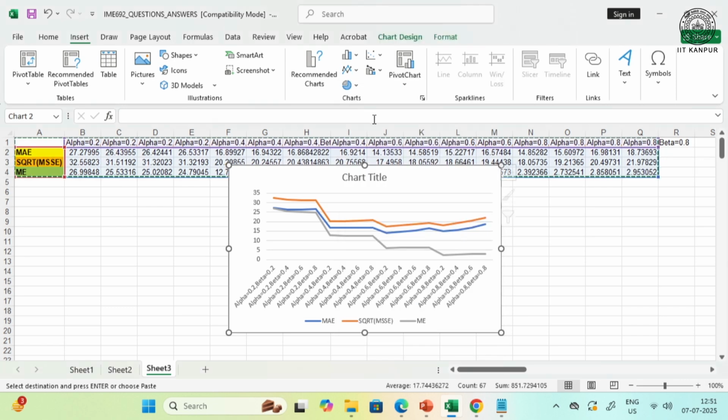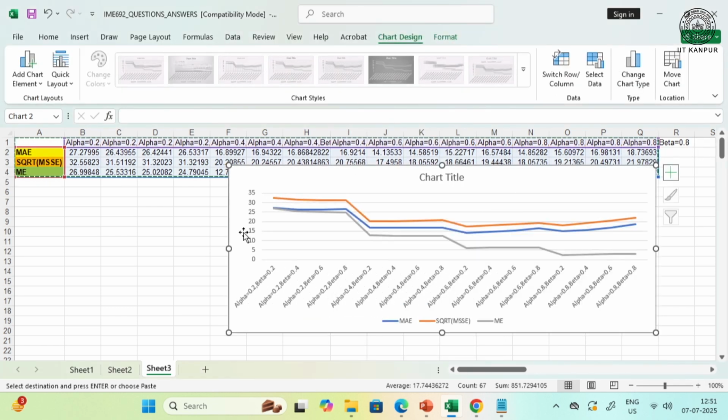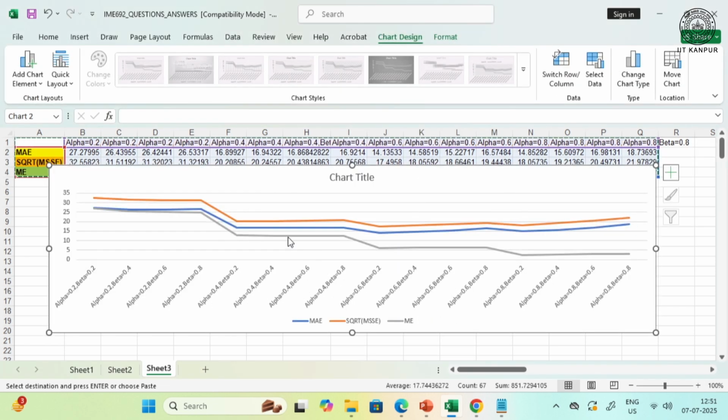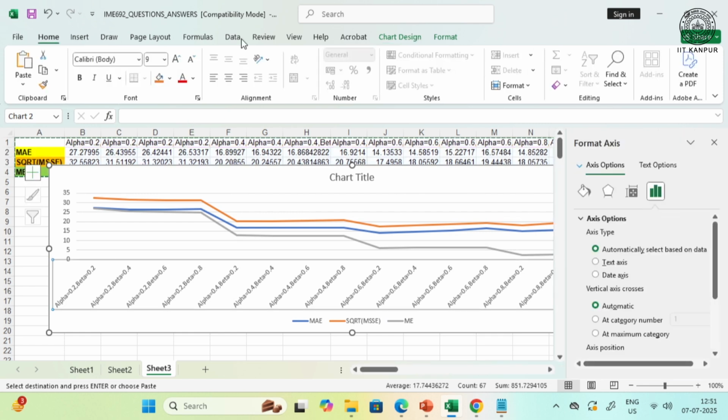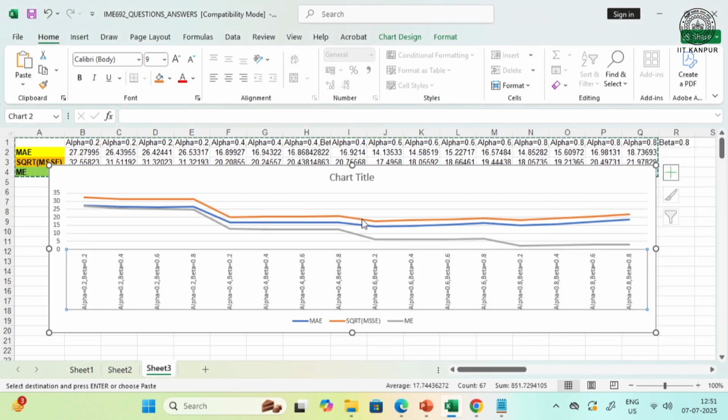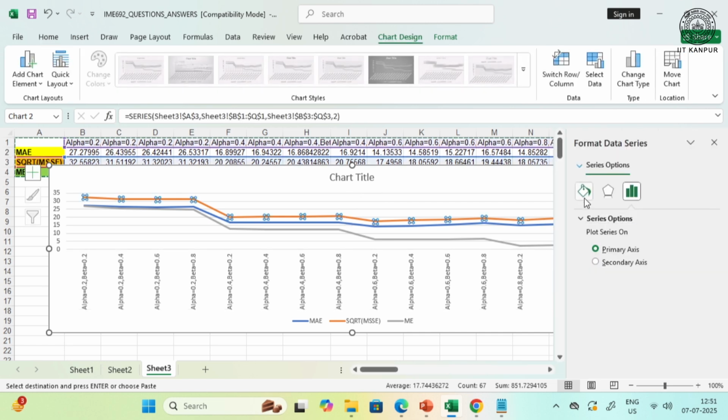let me check the graph. So, this is an interesting graph. Interesting in the sense, so first I will mark these colors.